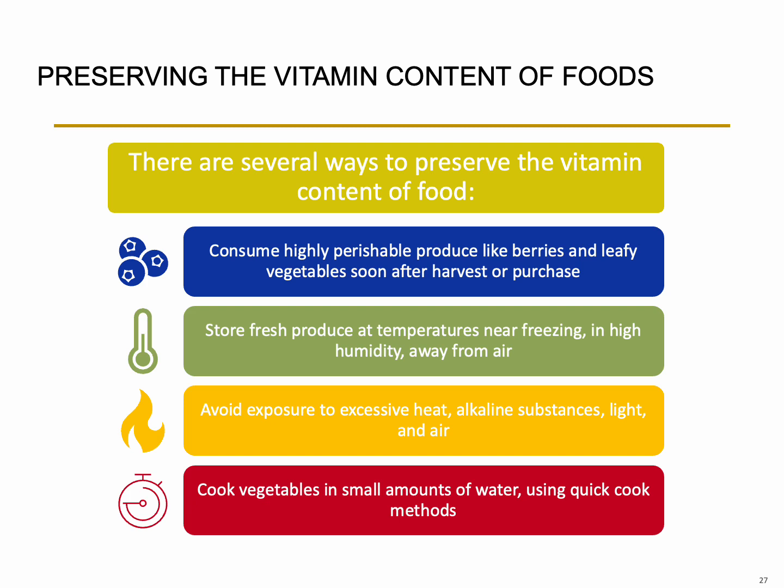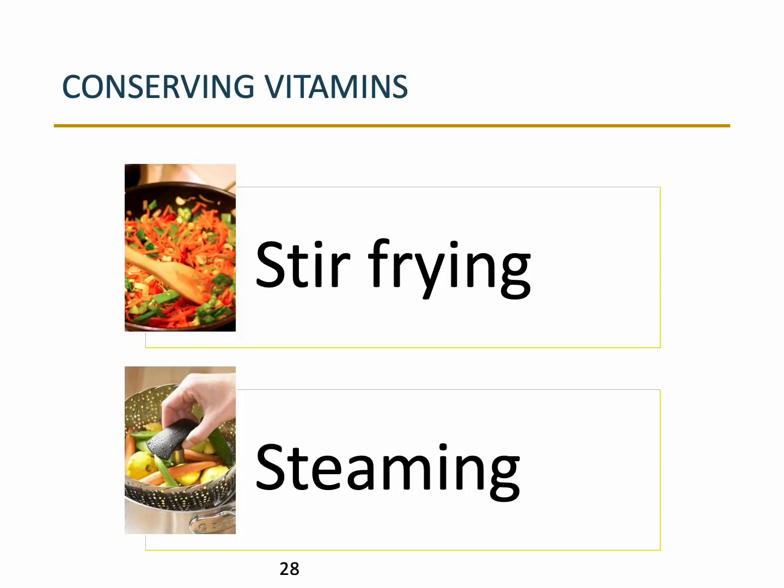If you don't do fresh, consider frozen fruits and vegetables, because they are frozen shortly after harvest and their micronutrient content remains quite high. So two good techniques for preserving vitamin content are steaming and stir frying. Both of them involve minimal nutrient losses.